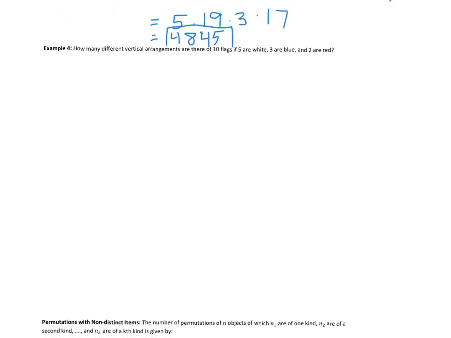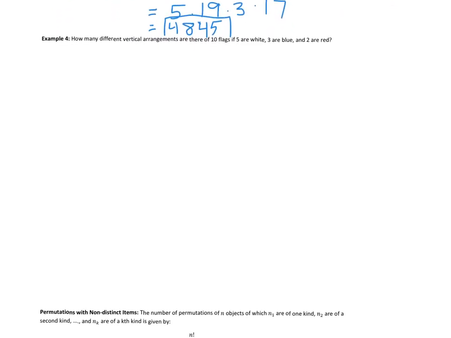We are going to be looking at arrangements of non-distinct objects. So permutations and combinations, it's distinct objects, right? Distinct horses, distinct individuals, distinct friends, distinct magazines. But check this example out. Let's say we have flags, and 5 are white, 3 are blue, and 2 are red.